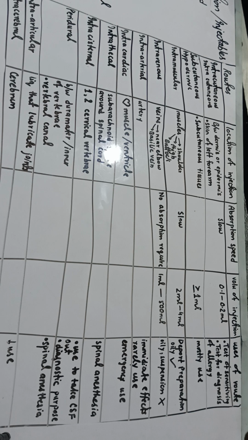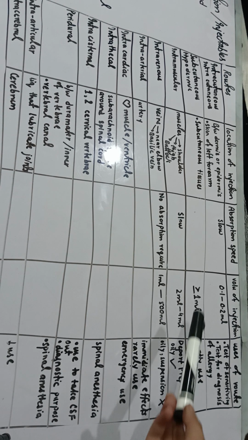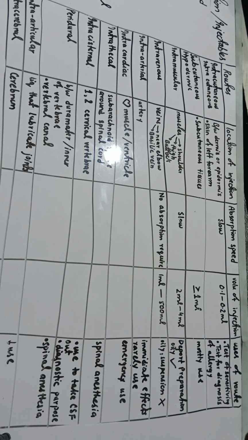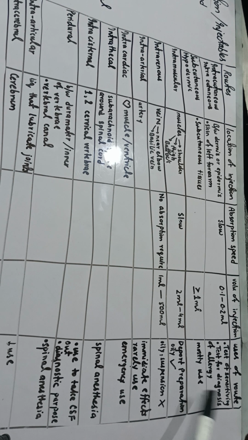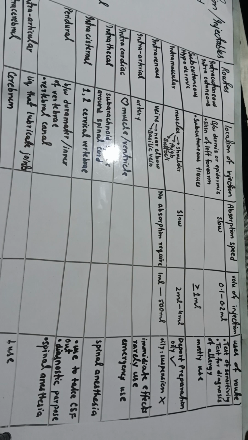In your skin, various kinds of subcutaneous tissues are present in the area below. Its absorption speed is moderate, and the volume should be less than or equal to 1 ml. So it should be 1 ml or a volume of 0 point something. And it is mostly used in your injections.